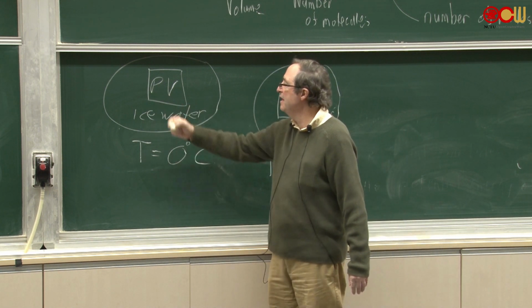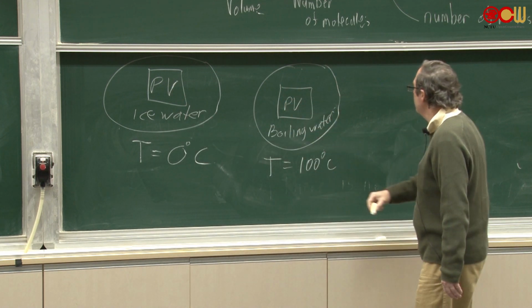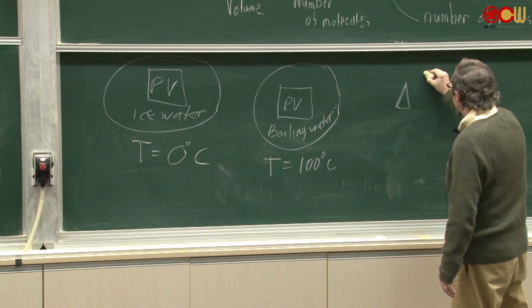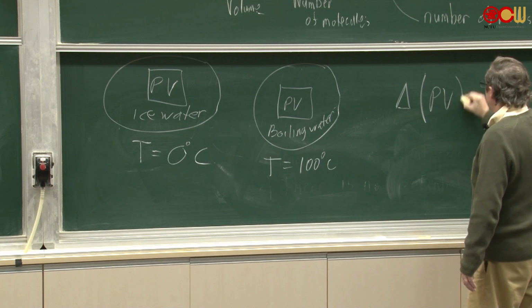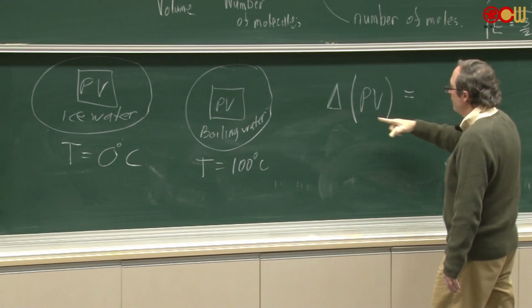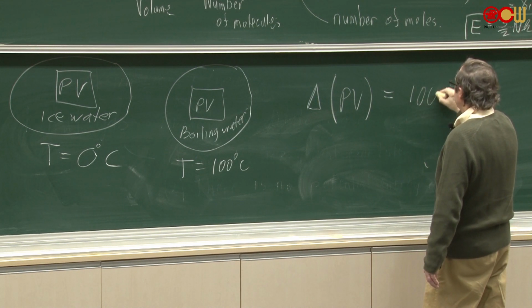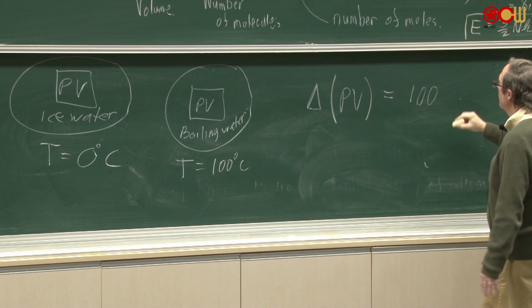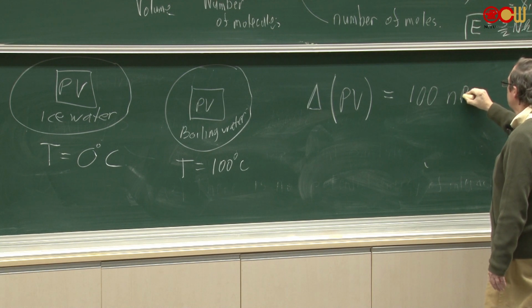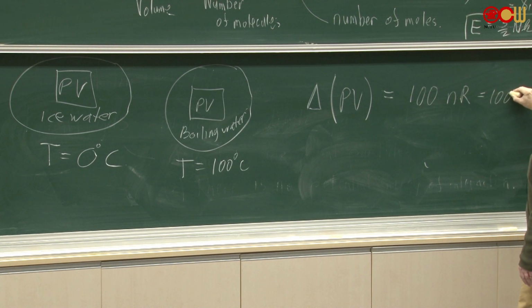They measure P here, V there, PV, and the change in PV they define to be, for this case, 100 times, let's say, NR, or 100 times nk.